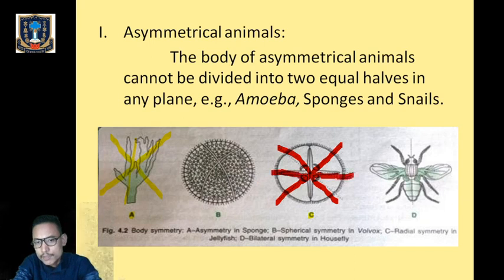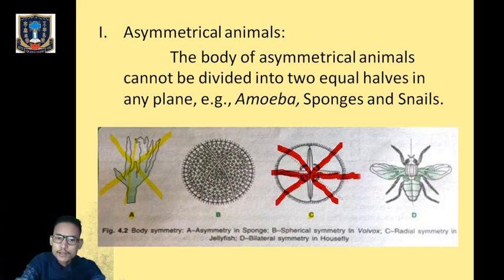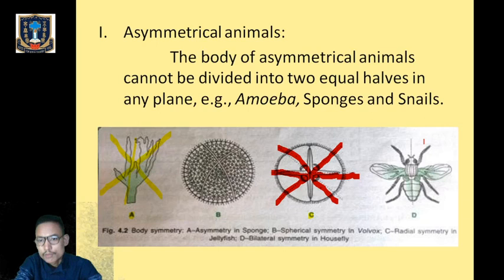If you cut from any plane, the body can be divided into two equal halves in radial symmetry. But look here, in bilateral symmetry, when we cut the animal from this particular direction, the body will be divided into two equal halves.